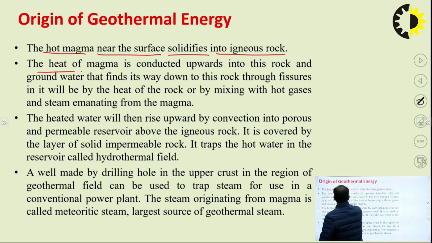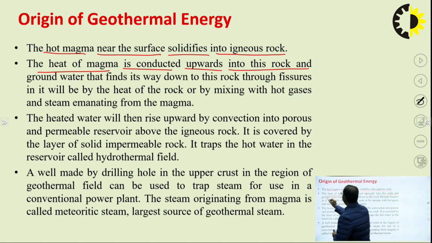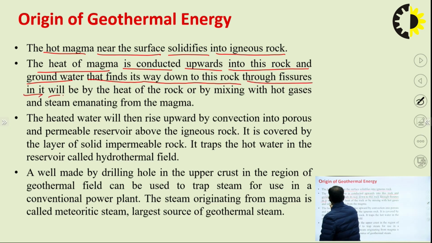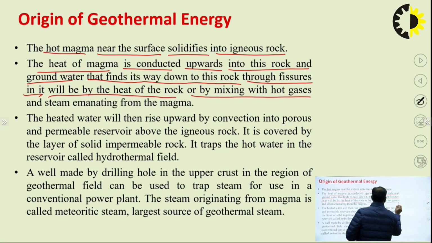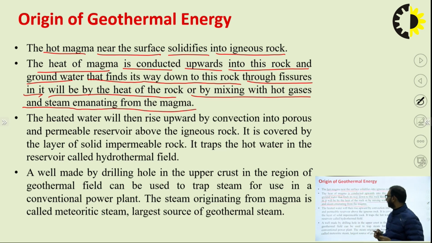The heat of magma is conducted upwards into this rock, and groundwater that finds its way down to this rock through fissures in it will be heated by the rock, and by mixing with hot gases and steam emanating from the magma. Then what happened?